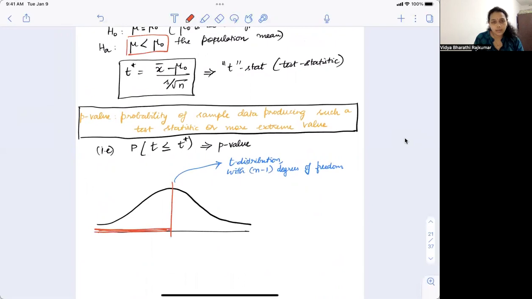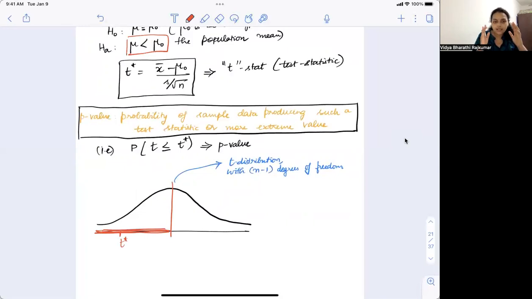Suppose I get a t star, suppose I'm here, and my focus is on the region to the left of the center. The p-value essentially becomes the probability of finding a value which is more extreme than T star.